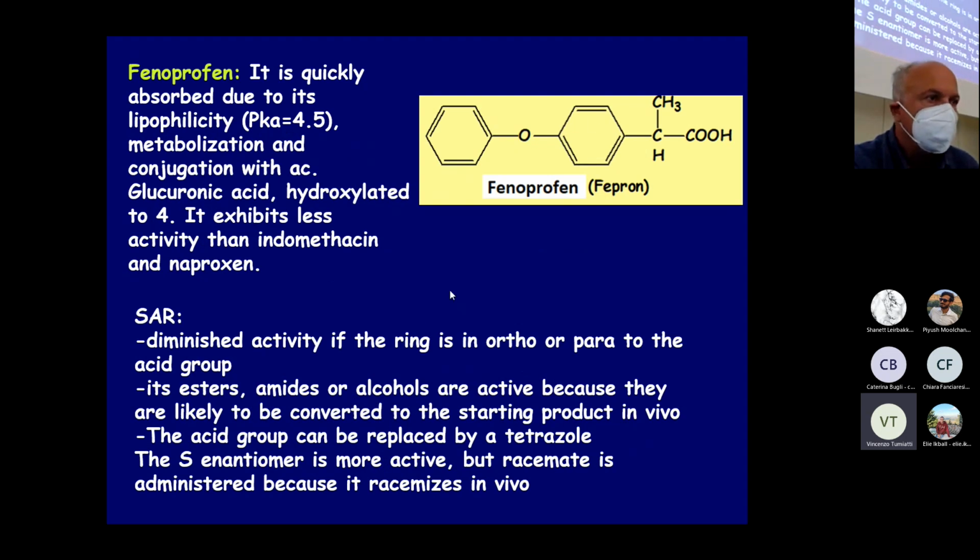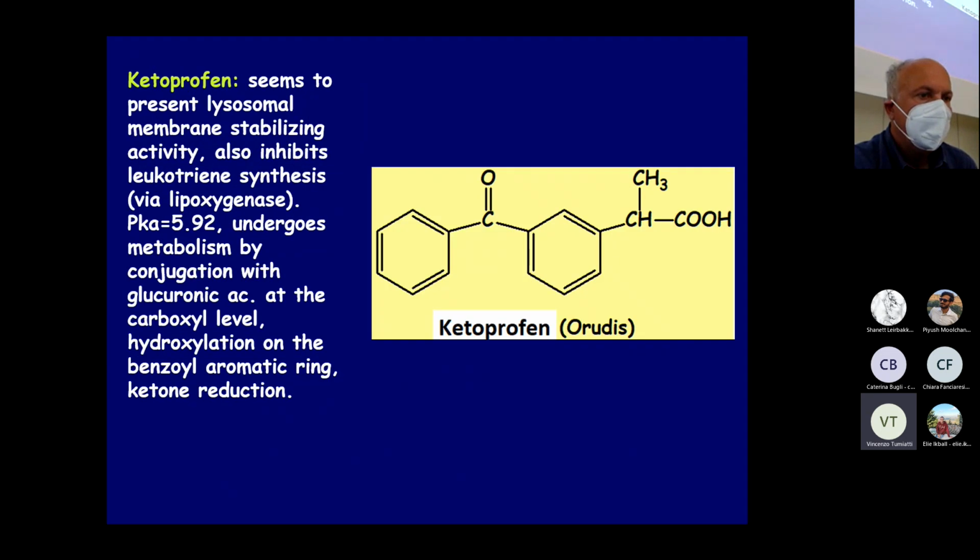Fenoprofen, okay, more or less the same, nothing new. Ketoprofen is another one, very common as a cream against pain and inflammation of legs, of fingers, normally from sport accidents.